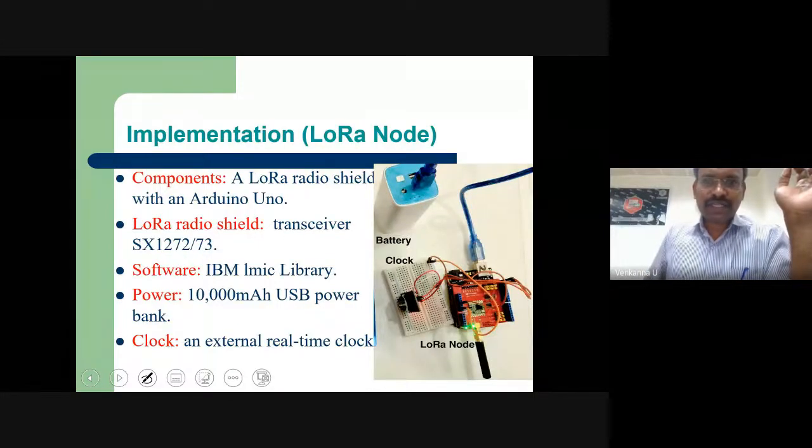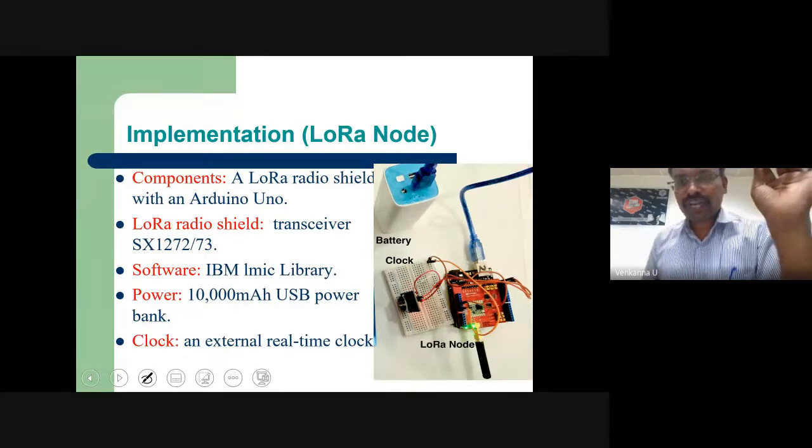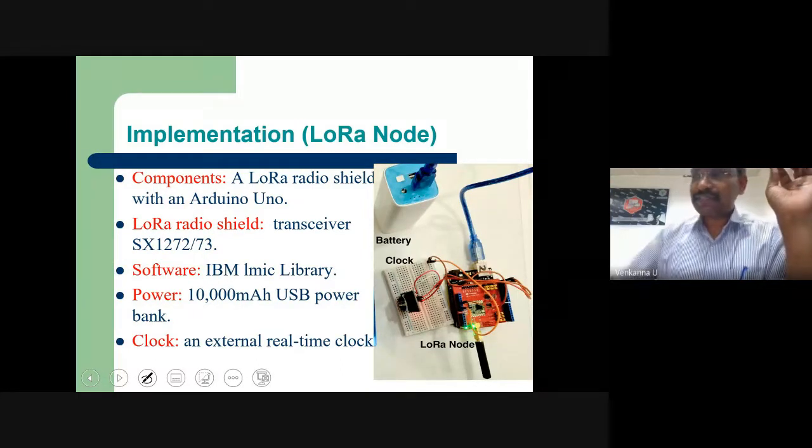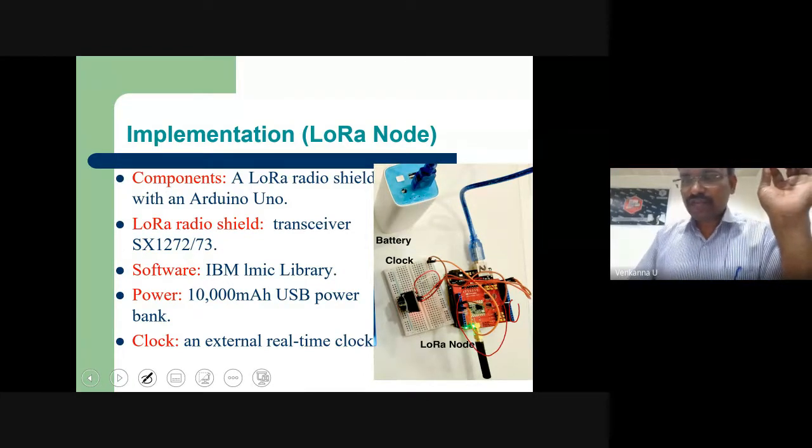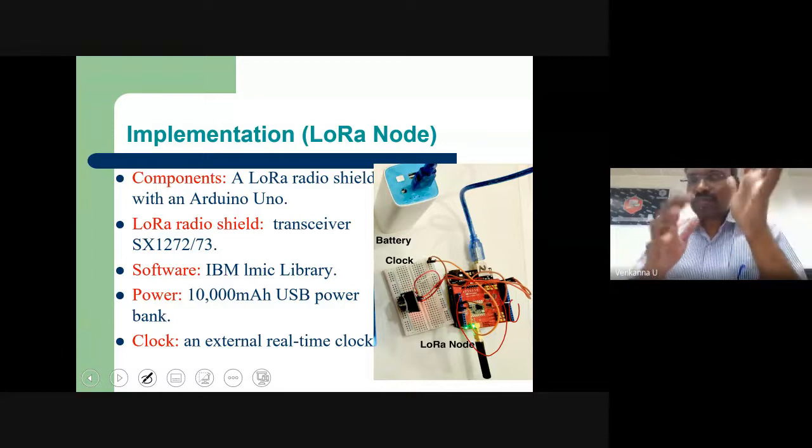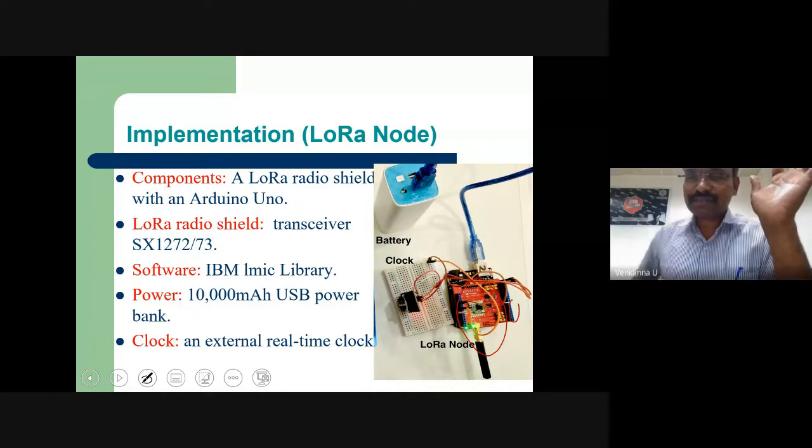See what they did using LoRa. This is also one solution I found on the internet, and it is very interesting. They took a simple Arduino board and put the LoRa node on top of it. This node can communicate over a long range, maybe a 1 kilometer range.